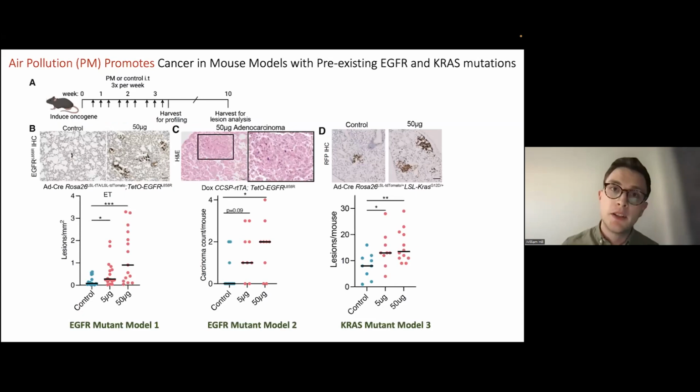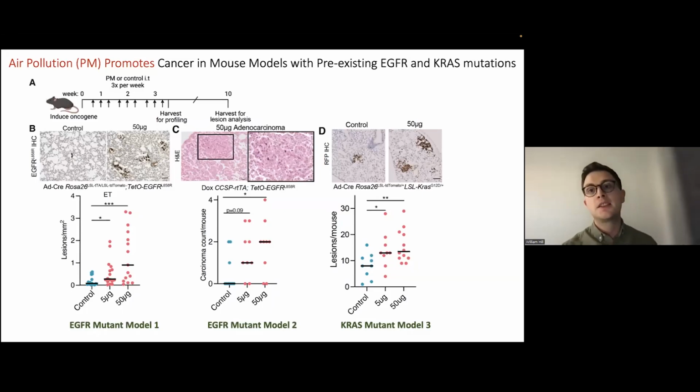And what we found is in these 3 different mouse models, in the first on the left, these early neoplastic lesions that arise by 10 weeks post-induction were significantly elevated in mice exposed to particulate matter, in a dose-dependent manner. In a more aggressive CCSP model in the middle, we found that there was a significant increase in the actual adenocarcinoma that formed within these mice.